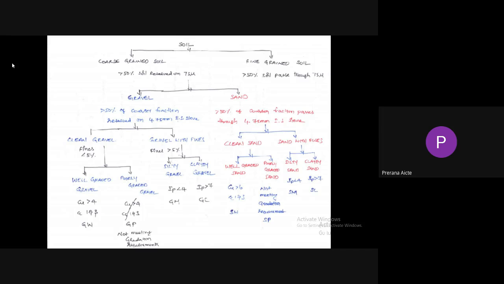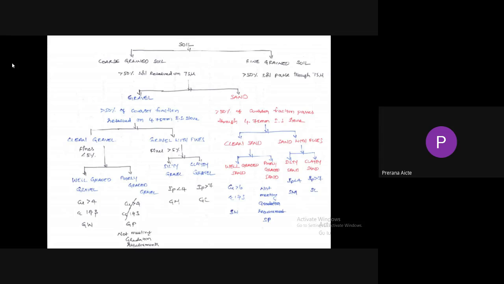Now I am taking the classification of coarse grained soil. Let us imagine 700 grams is retained on the 75 micron IS sieve, so the soil is treated as coarse grained soil. Now, in coarse grained soil, we can again divide the soil into two types, gravel and sand.